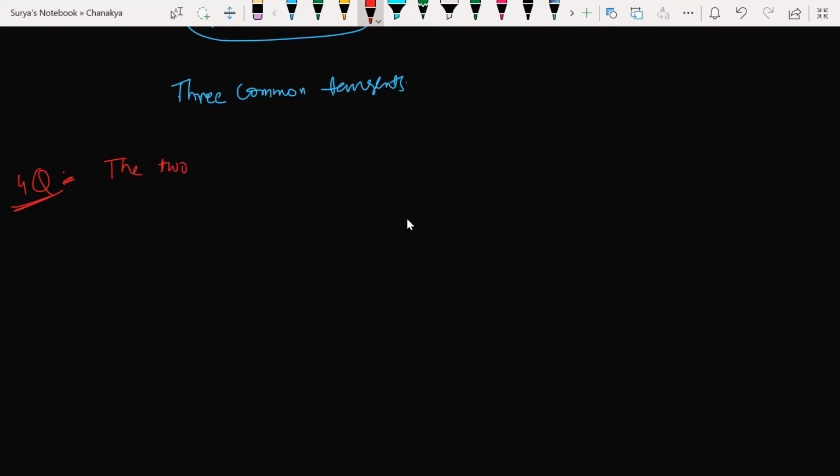I mean, from this concept, the two circles x square plus y square is equal to ax, and x square plus y square is equal to c square. In fact, c is greater than 0 here. He has given that they touch each other internally.